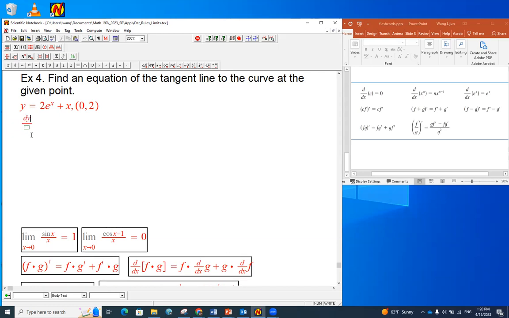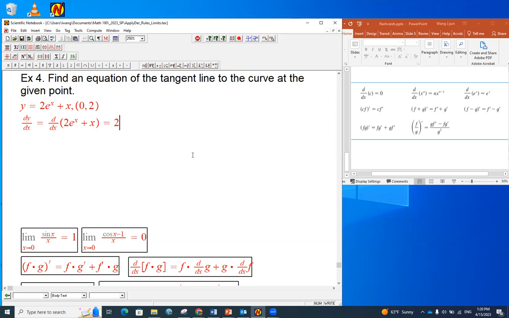dy dx. Okay, by this time, I think you'll be somewhat familiar with the notation. The more you use it, the better you're going to be. So this is the derivative. And we can use the addition rule, right?